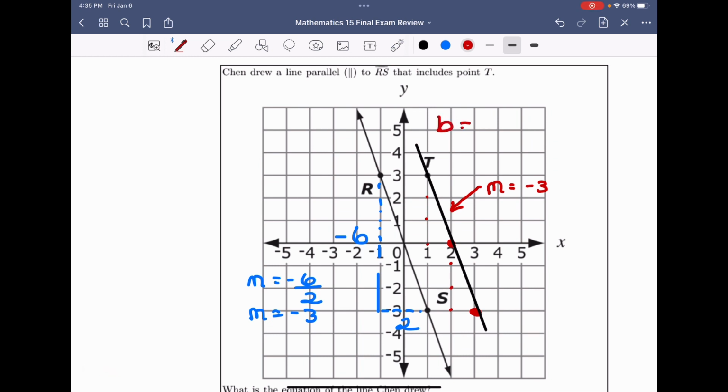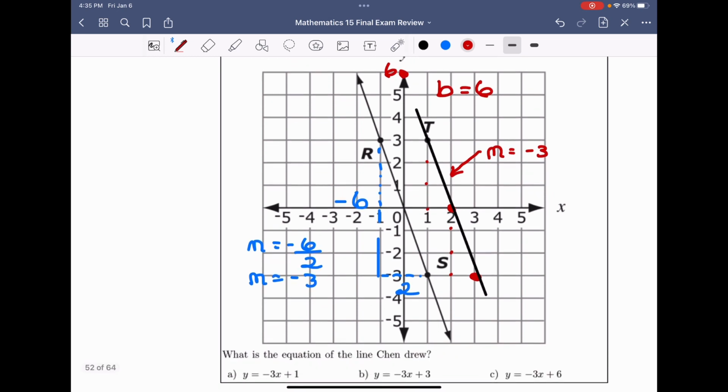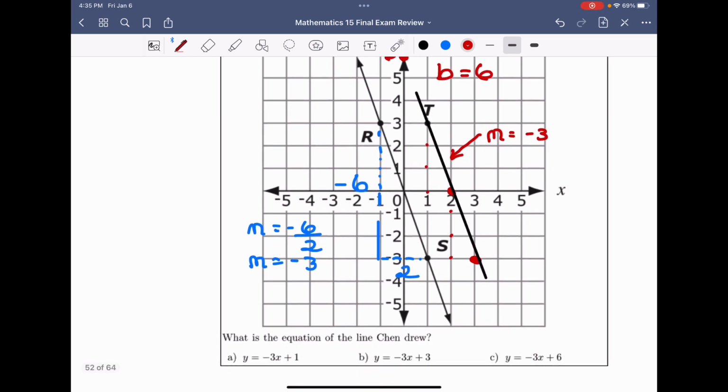So the b is going to be equal to some number up here. And we could pretty much approximate that to 6. Because the other ones are +3, which the line definitely doesn't cross through here. So that's not true. And the other one was +1. The line doesn't cross through there either. So we can make an educated guess and say, yeah, based on the trajectory of this line, it's going to cross through +6 and have that slope.